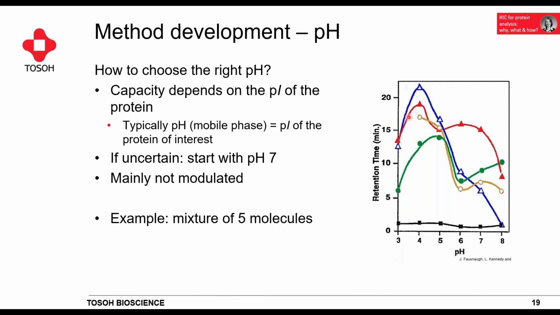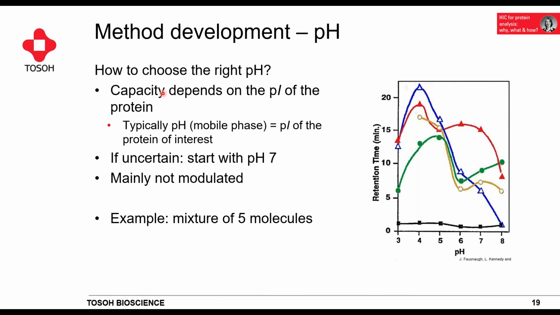Now, another thing we can change or we can play around with for developing our hydrophobic interaction chromatography method is the pH. It's typically not something you think of first when doing the first run, I would say, in HIC, but it can be very helpful.